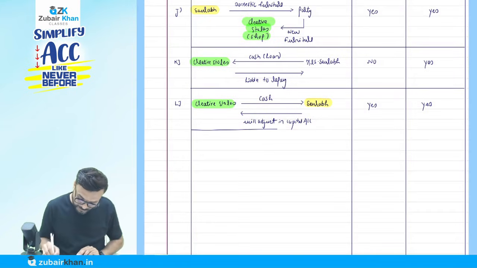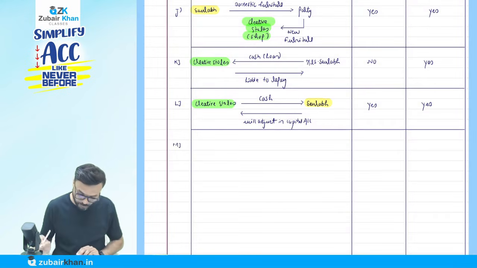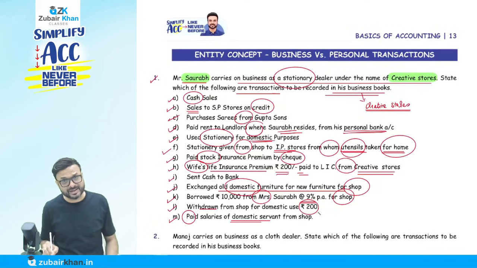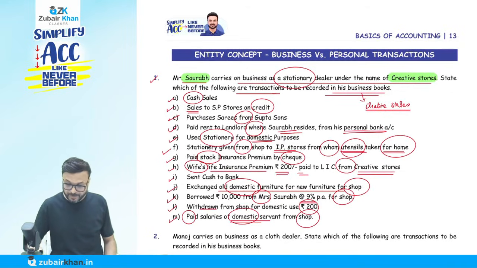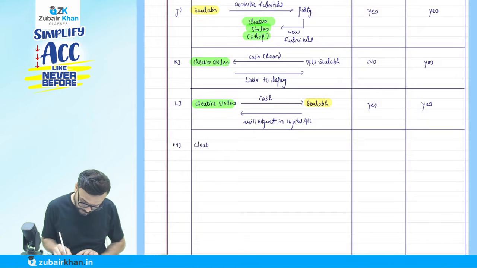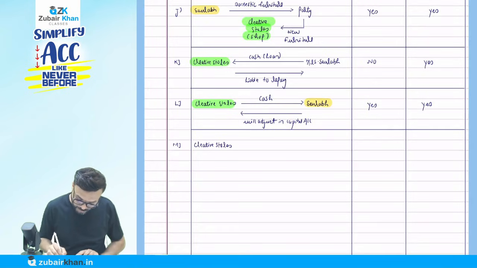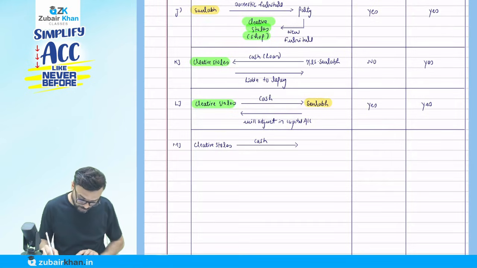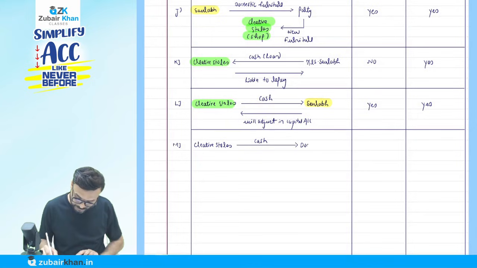Now, next one. M point. It says paid salary for domestic servant from shop. So it's a personal expense. From the shop, creative stores paid a certain amount of cash to a domestic servant.